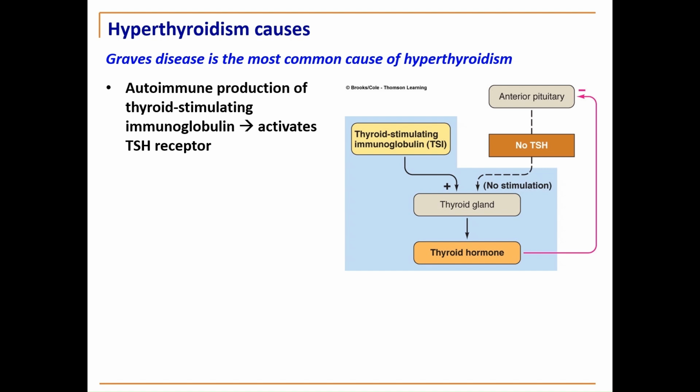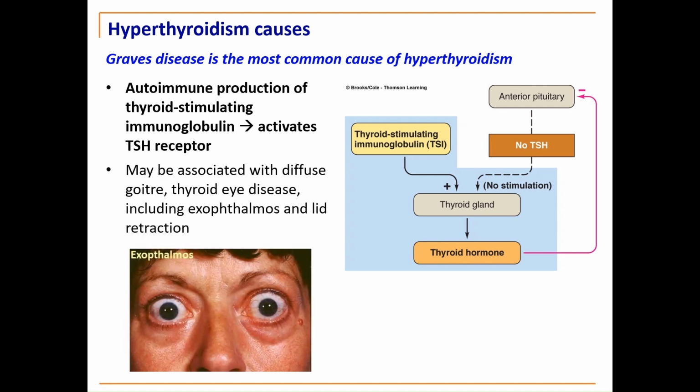So you've got a thyroid stimulating antibody, comes in, binds to the receptor, stimulates the thyroid gland, producing thyroid hormones. The thyroid hormones have negative feedback on the anterior pituitary, so the levels of TSH are reduced, even though the thyroid hormone is being stimulated through this other mechanism.